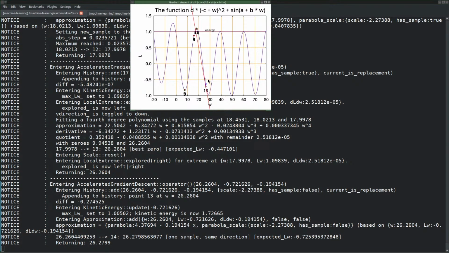Here the diff is negative. Okay, that's confusing. I thought positive meant that it was okay.